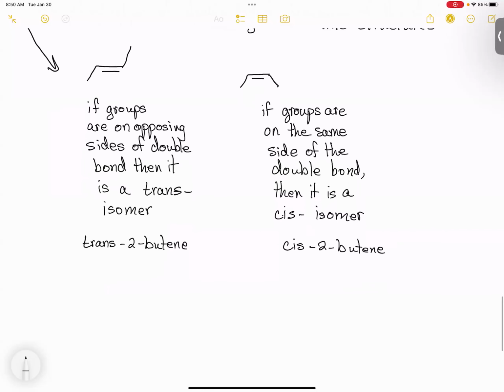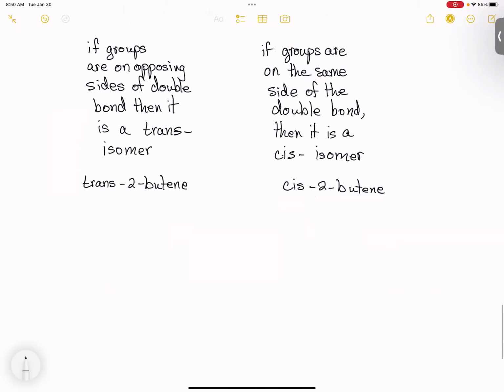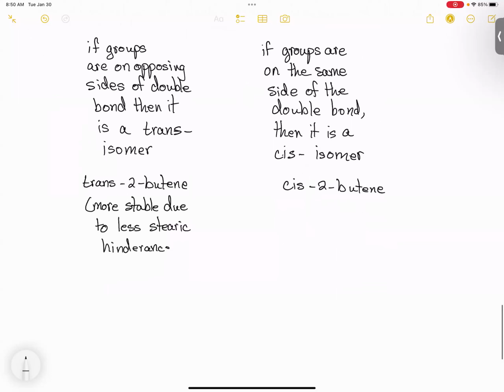Folks, the trans 2-butene is actually more stable, due to less steric hindrance, than is the cis 2-butene.